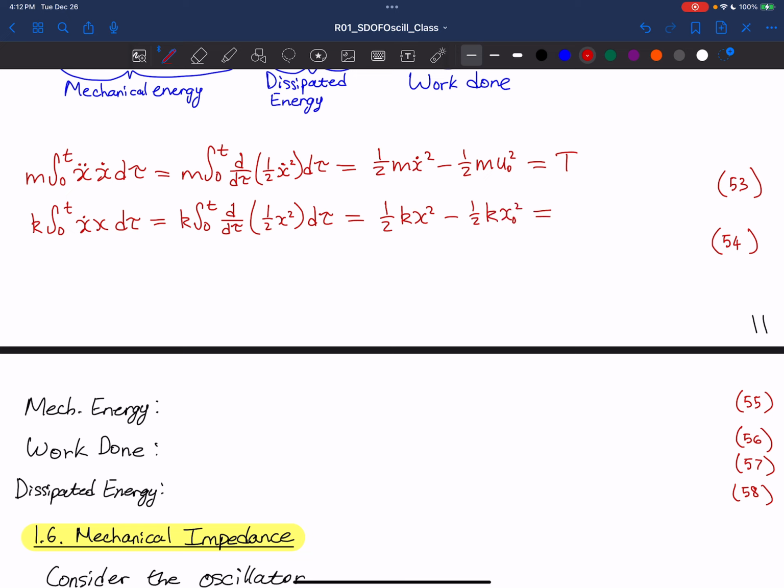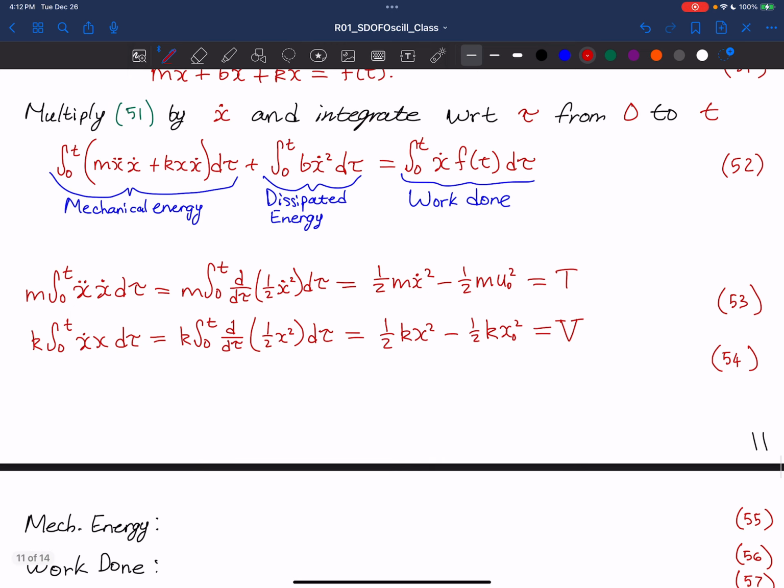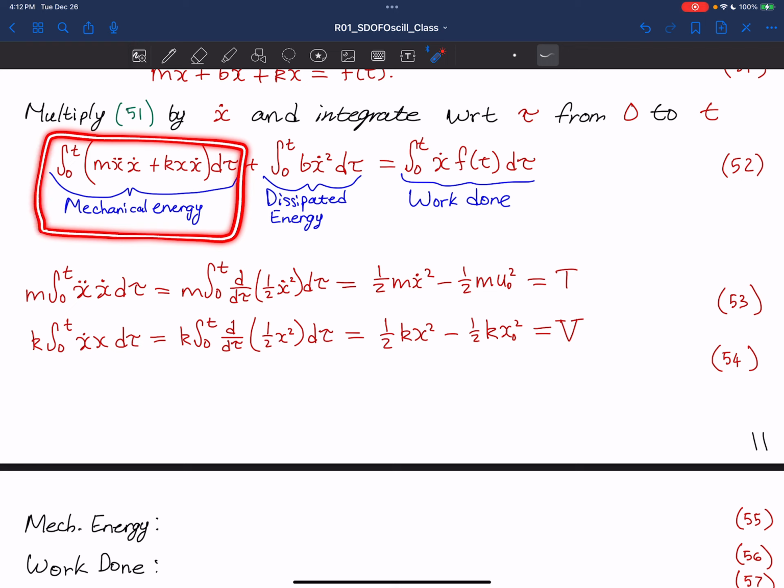That's our potential energy, which we can call big V. Okay, so you can see how these two terms now led to the mechanical energy, whereas the middle term is our dissipated energy and the last term is the work done.